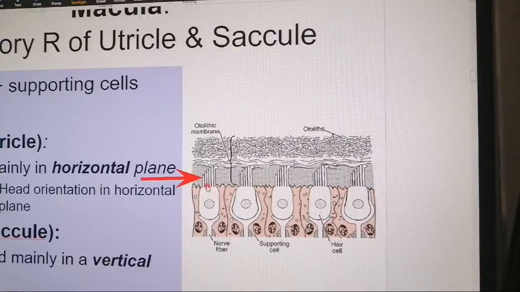The deviations of these cilia either depolarize this cell or hyperpolarize this cell, i.e. either switch it on or switch it off, such that the connecting nerve which abuts the base of the hair cell either gets stimulated or gets inhibited. There you have it. The whole sequence again in one sentence.